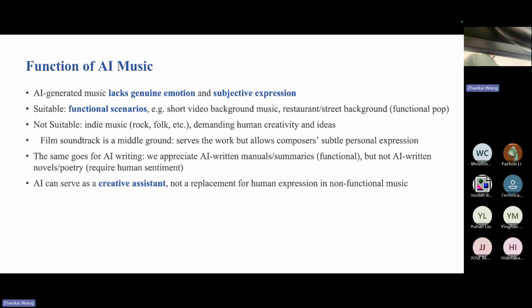So this film soundtrack is a middle ground between functional and non-functional music. I think this is similar to AI writing. For AI writing, we may appreciate AI-written manuals, summaries or guidebooks because they are functional and they can help us, and we do not need to understand the sentiment behind them.